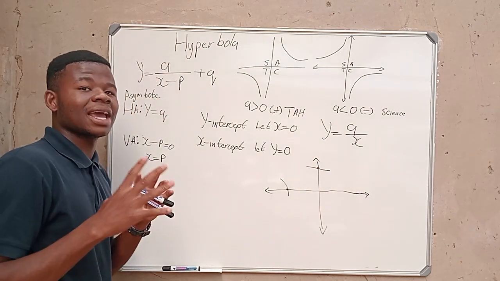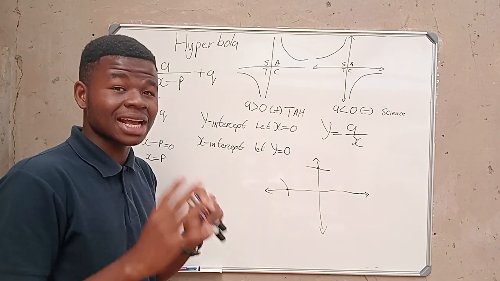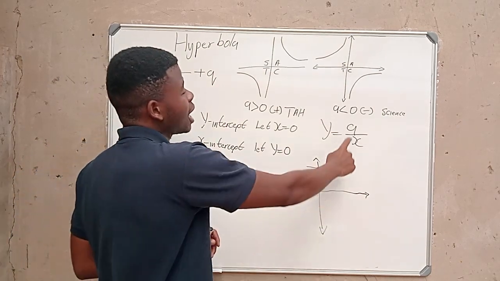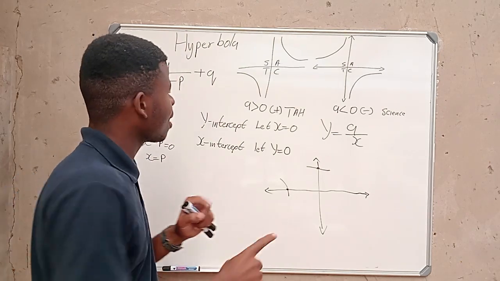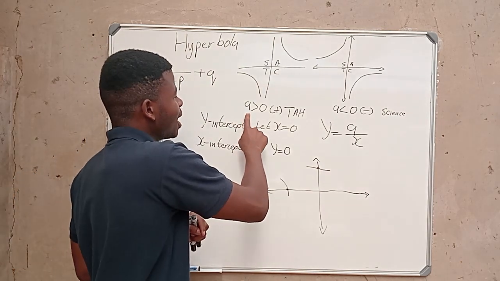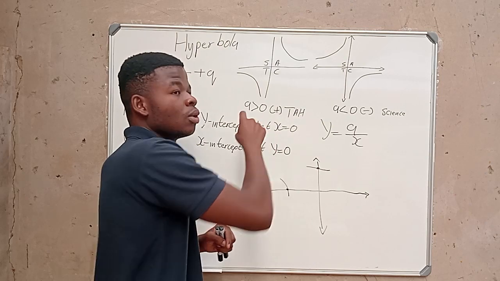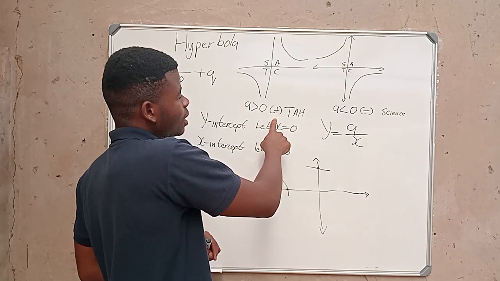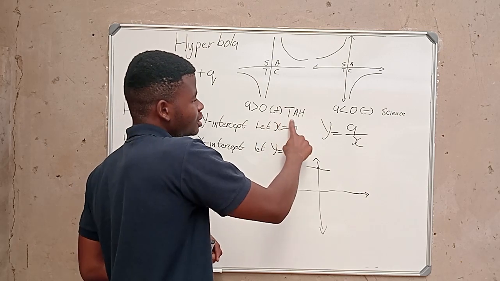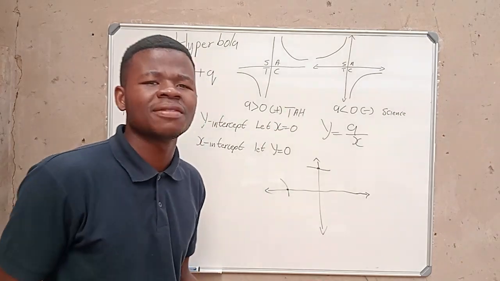So before I go to any exam questions, let me explain how a affects our graph. When our a is greater than 0, meaning when our a is positive, it is going to be ta. And then you ask yourself, how?